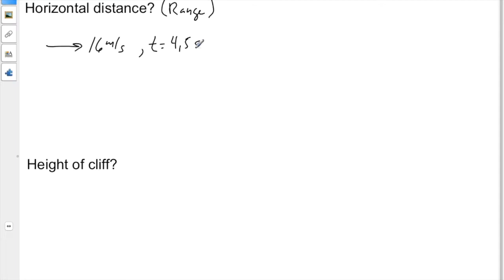So the range is the velocity in the x direction times t, 16 times 4.5, which is 72 meters.